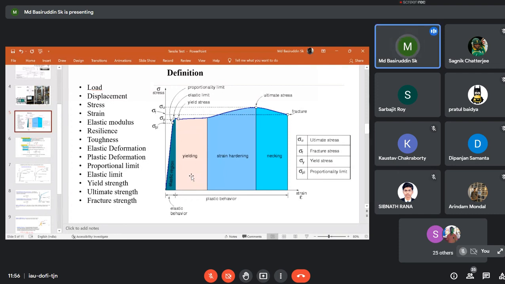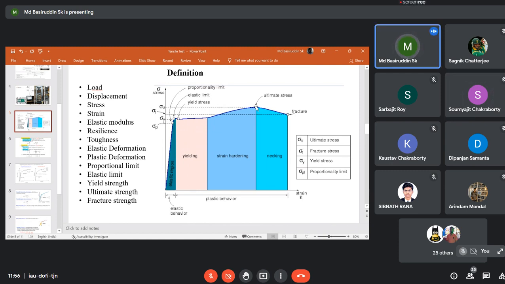Now, one of you said that at the UTS level the localized deformation will happen and the load requirement will be reduced. But why, in the case of the true stress strain curve, will the curve gradually go up? Because I think it is based on the instantaneous cross-sectional area.